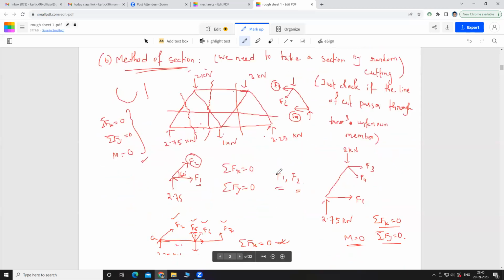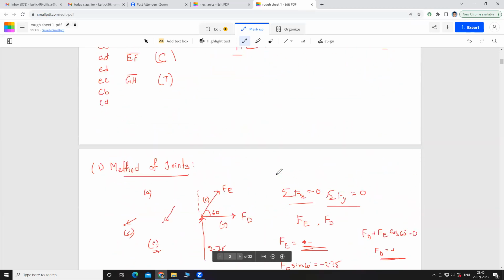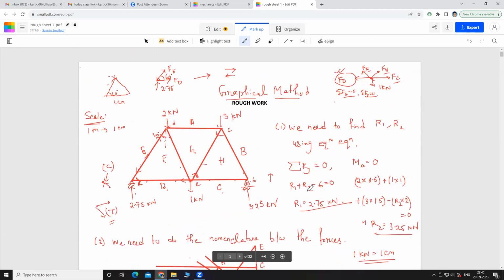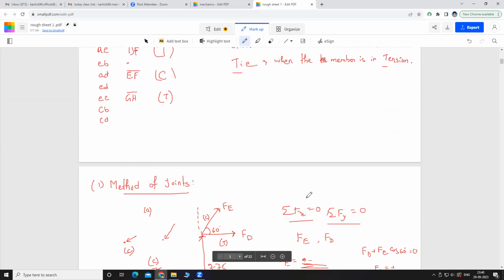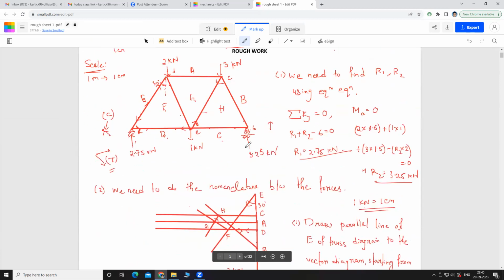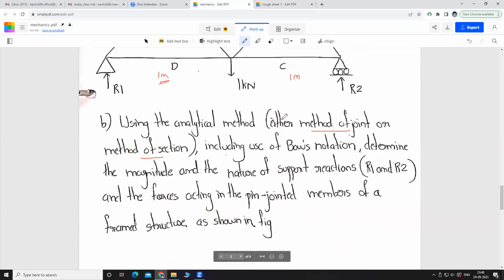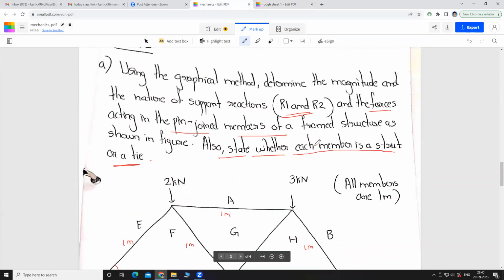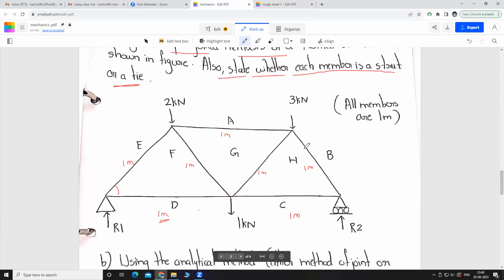So that means we have discussed all the three methods. You solve using these three methods, and then check if the answer solutions are with you. That is fine, you can check with that.